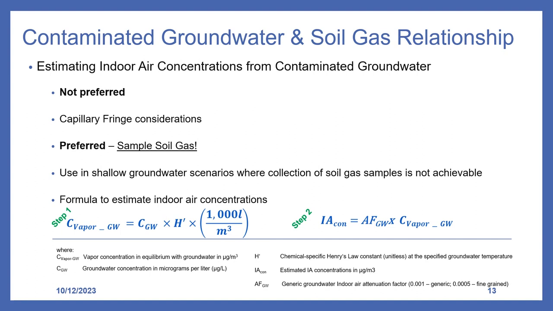EPA recommends using 0.001 for generic scenarios, meaning all soil types, fine to grain. But if you have really good control of your strata and it is a clay deposit and pretty continuous throughout your site, a 0.0005 generic attenuation factor is appropriate to be used.